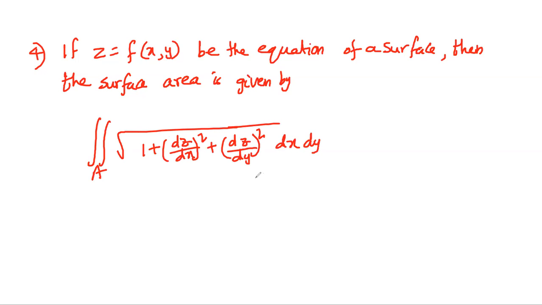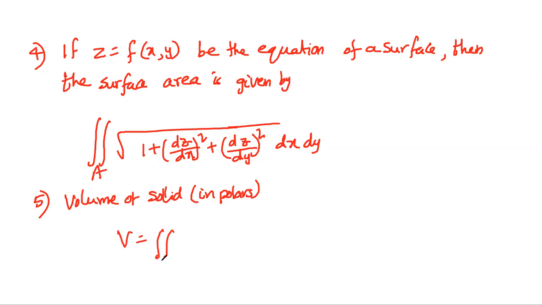Fine. Next, if the volume of a solid is in polars, how will it be? So V is equal to the double integral of 2 pi r square sine theta into dr into d theta.